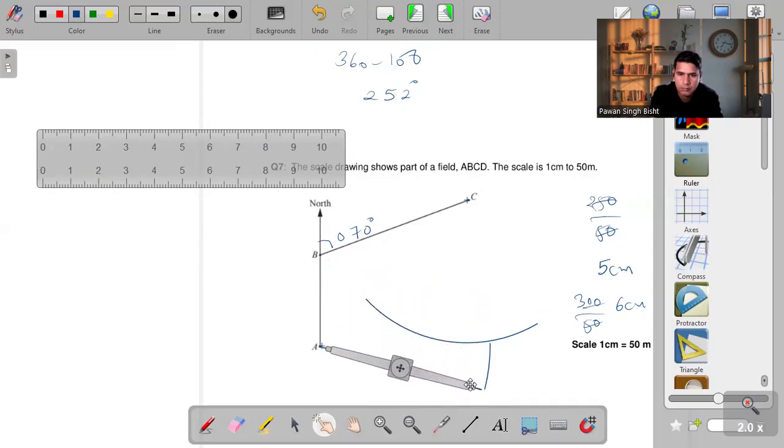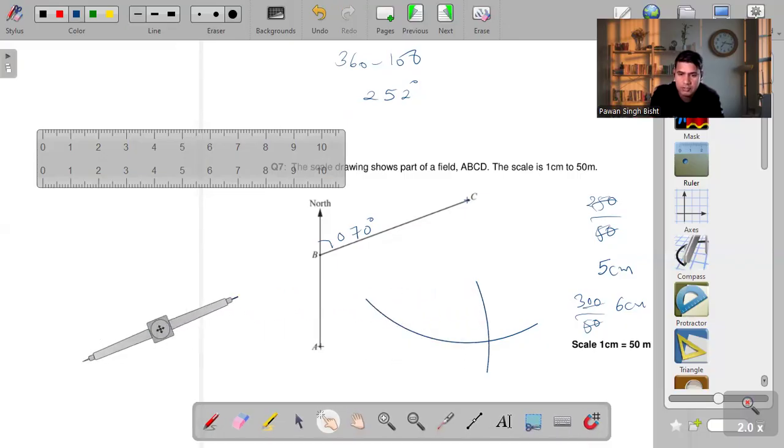Put the tip of compass on A and cut an arc. Yeah, so this is my arc.